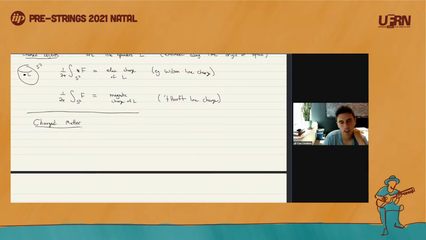So let's include charged matter, and that will of course make the theory interacting. The question is, what of the one-form symmetry remains? So let's look at a Wilson line. This Wilson line carries some electric charge.